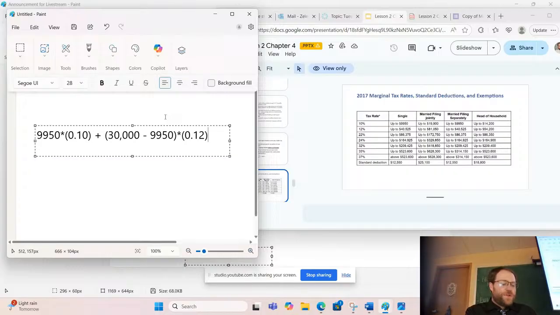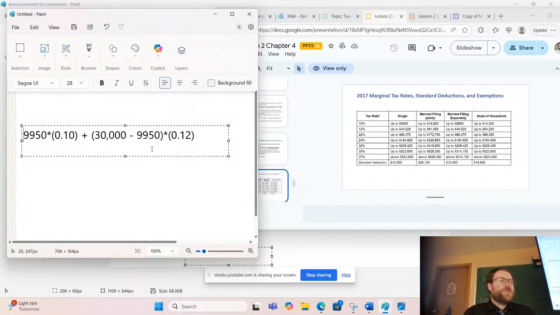Okay, and then if you were working that out there, if I did my math right, looks like $3,401 in taxes owed.